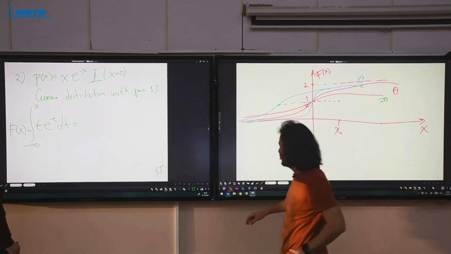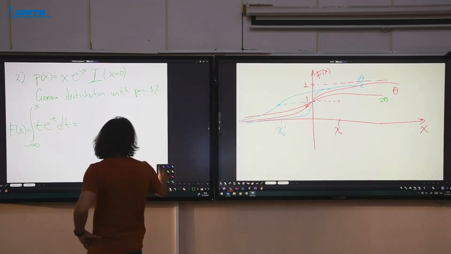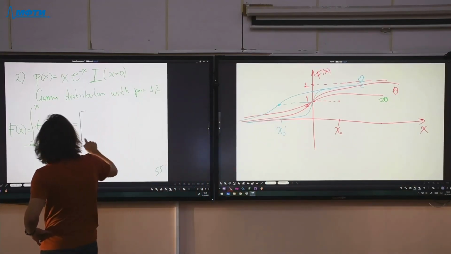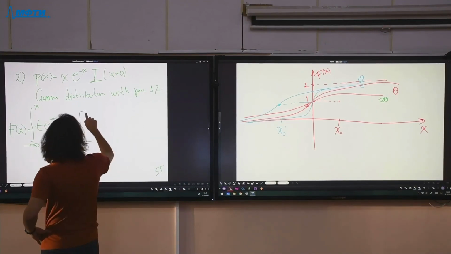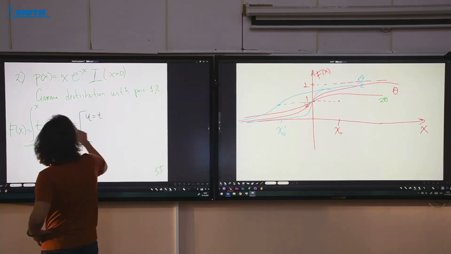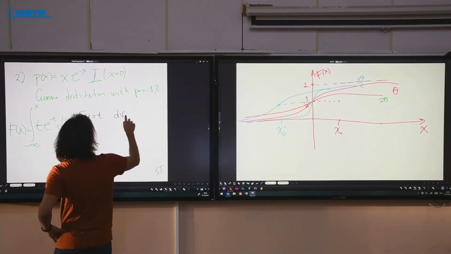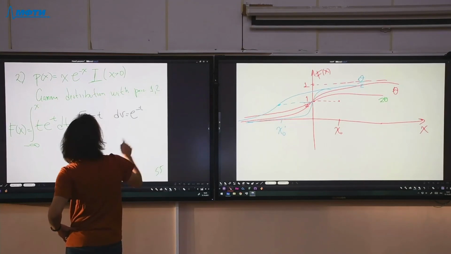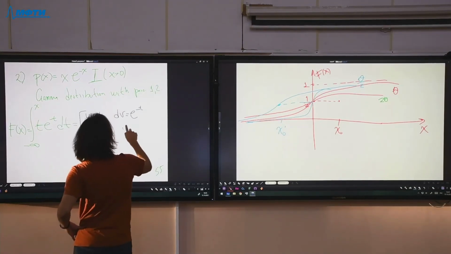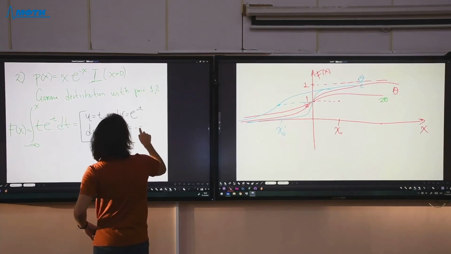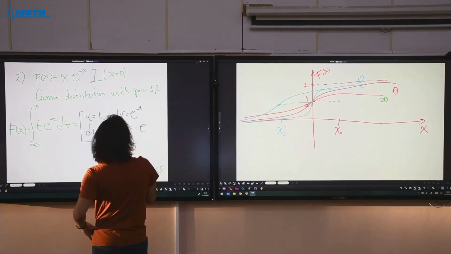Okay, let me help you here a bit. So, what do we know? We want this t to be out. So let's say that u is t, and dv is e to the minus t, right? So du is going to be dt, and v is going to be minus e to the minus t.